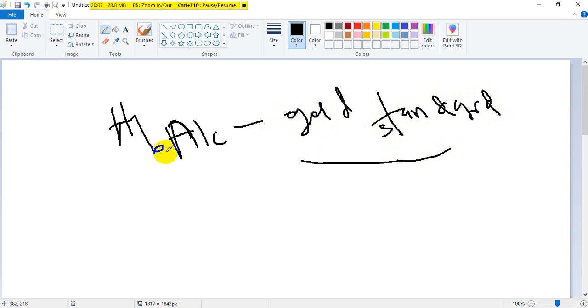Here we look at hemoglobin of the blood that has been married or conjugated with what? Glucose.